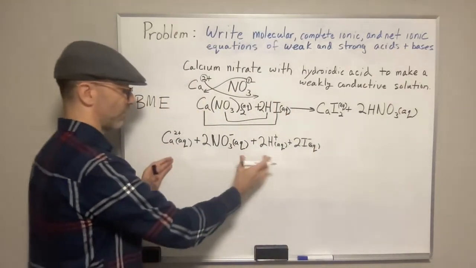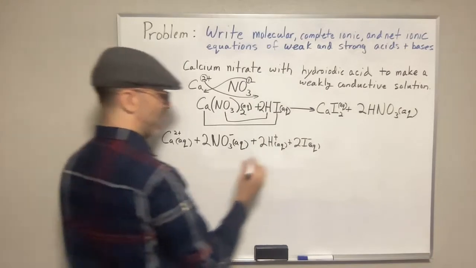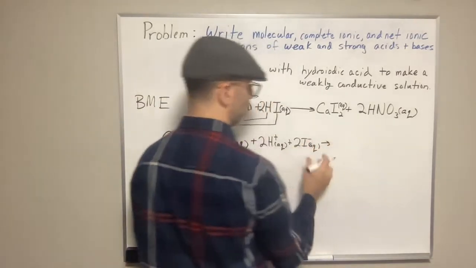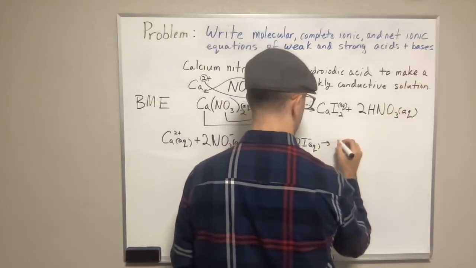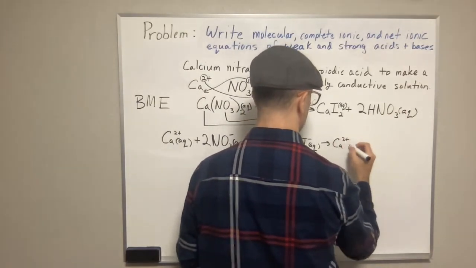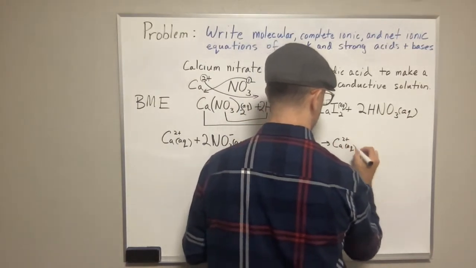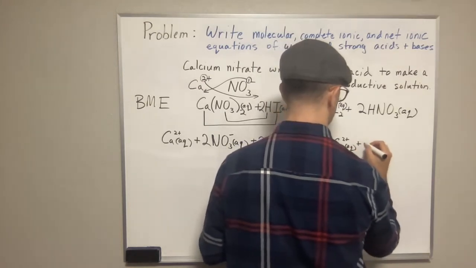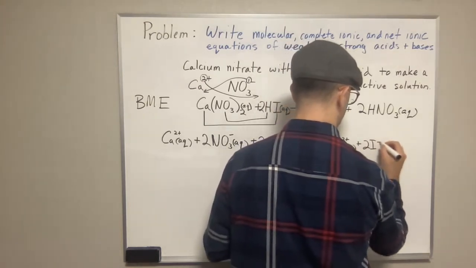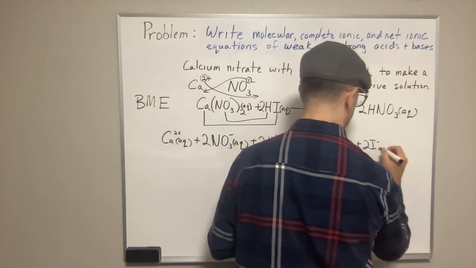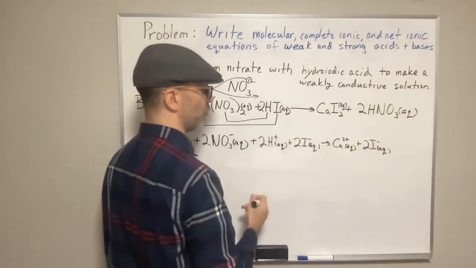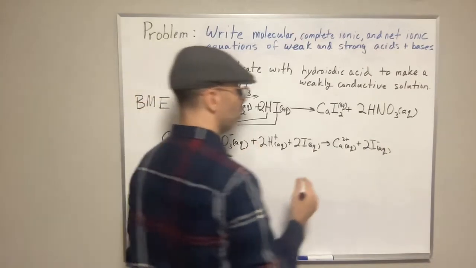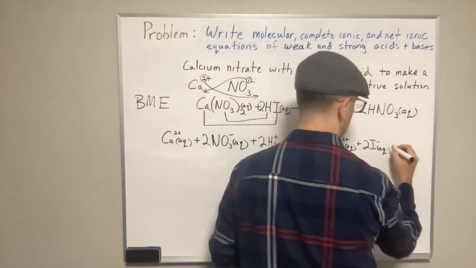And so that is the reactants, and then I'm going to go to the product. So both of these are aqueous. And so here I have calcium 2 plus aqueous plus 2I minus aqueous. So the 2 subscripts become the 2 coefficient. Excellent.